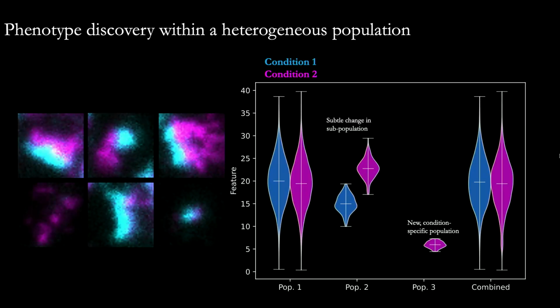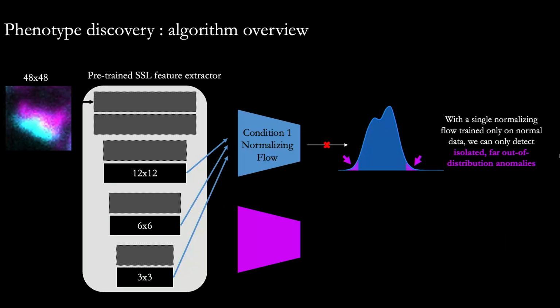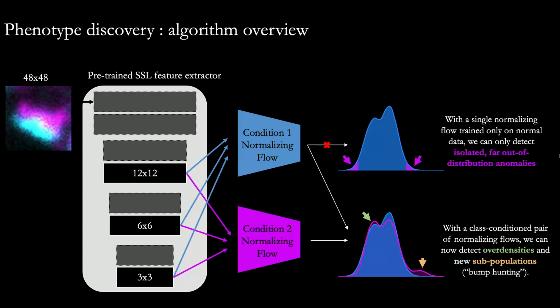Finally, we want to develop a model based on the self-supervised learning model I showed before, but that will encode normality. What we encode here is what is the normal population and what is, for example, an aging or a model of neurodegeneration, and we try to find very subtle changes in the population.